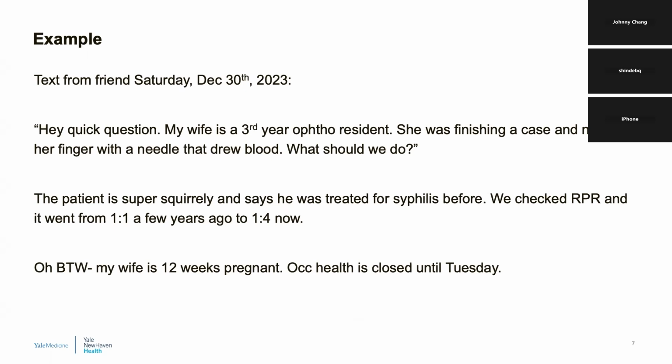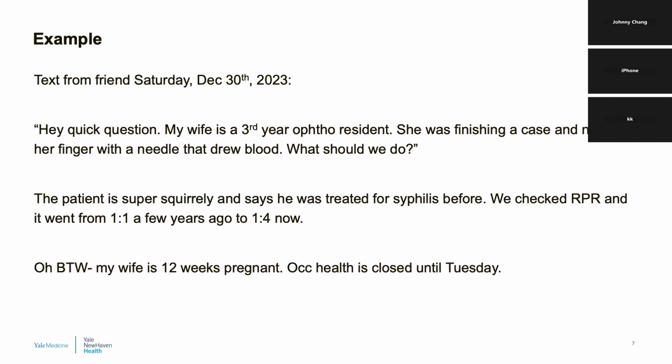We need to think about many things. First, was this an event that could have transmitted a bloodborne pathogen to that individual? So we need to classify that exposure risk. We need to classify whether the source patient was transmissible. Did they have syphilis? Was it active? Was it at a level that could be transmitted? And then do we have a post-exposure prophylaxis mechanism in place? Can we give post-exposure syphilis penicillin to this individual?